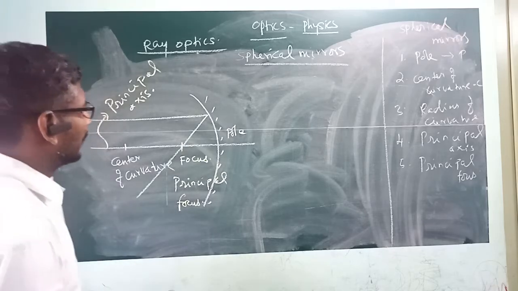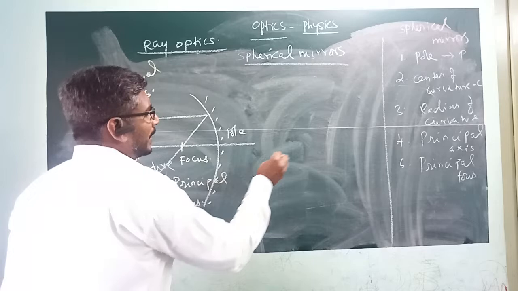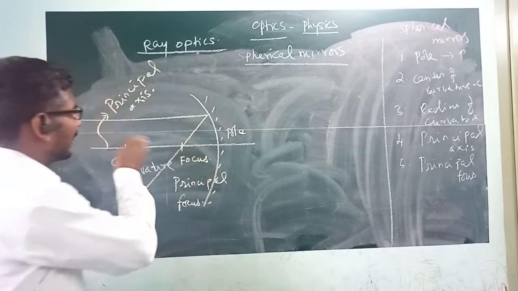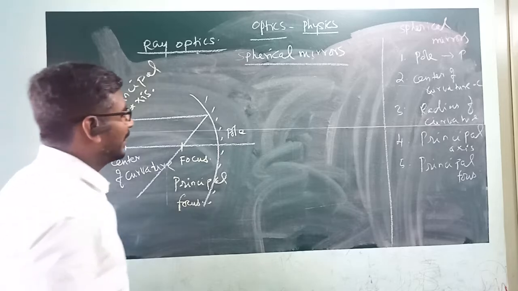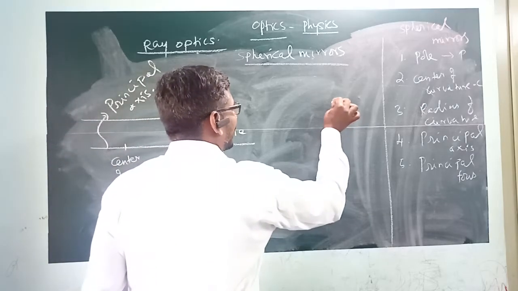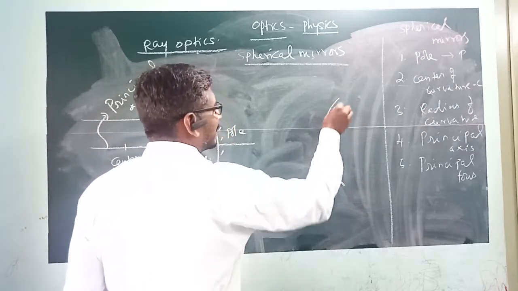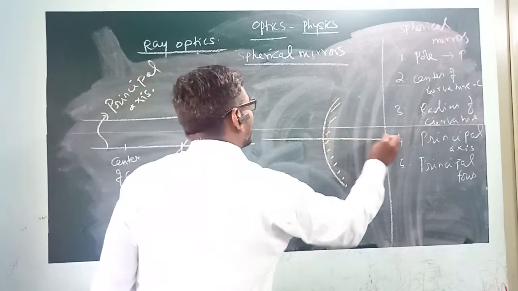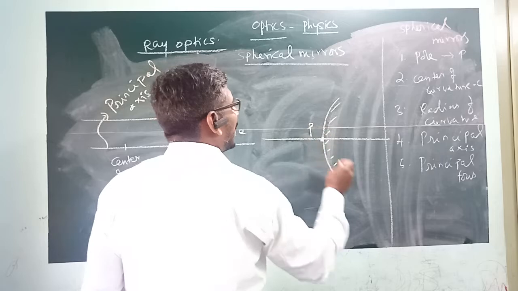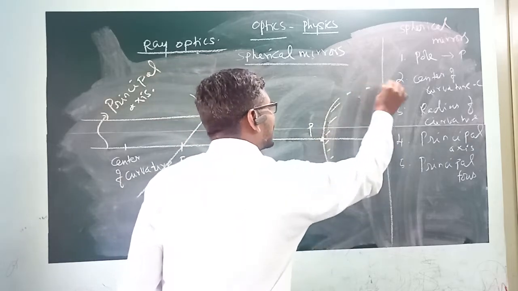If it is a concave mirror, the ray which is passing parallel to the horizontal axis will pass through the focus. In a similar way, if it is a convex mirror, the inner surface is polished, and here it will be your pole, and the center of curvature will be here, because this is part of a circle.